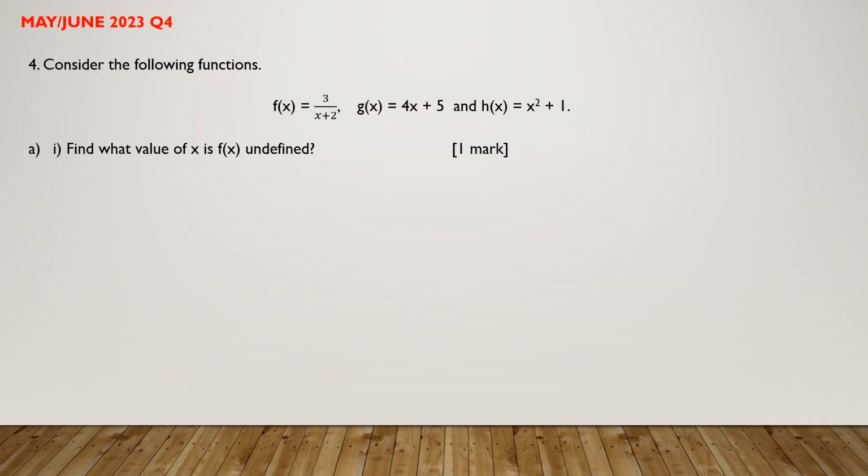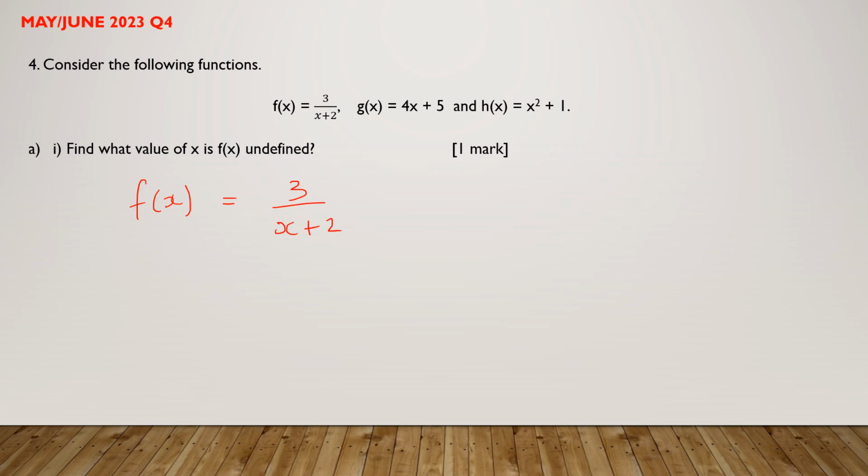Here we're looking at the 2023 May-June question 4. Consider the following functions, and they've given us 3 functions here: f of x, g of x, and h of x. Find what value of x makes f of x undefined. So f of x is equal to 3 over x plus 2.